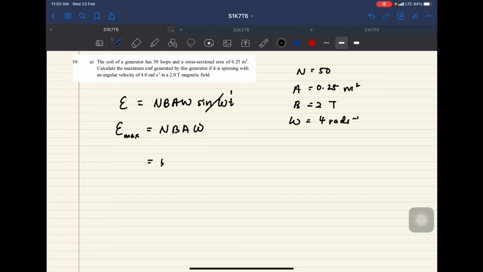So this one becomes 50 times 2 times 0.25 times 4. Measure omega in SI unit, and sometimes they give you in revolution per minute or revolution per second. So you have to convert those values. So here I got 100 volts.